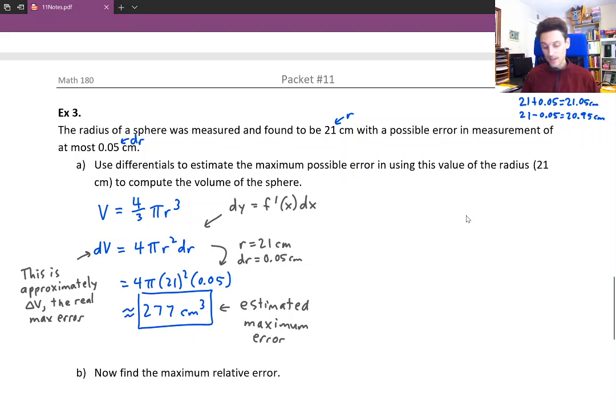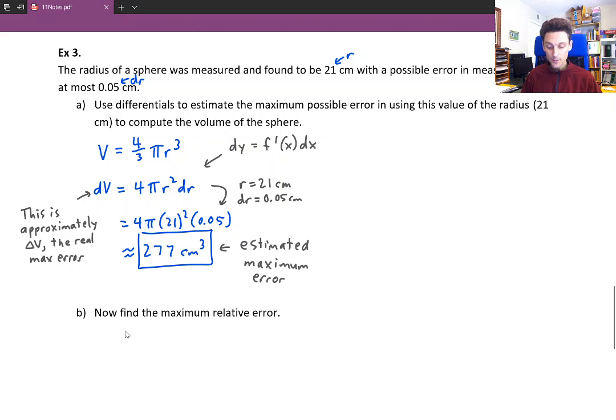That's the estimated maximum error. The true maximum error we would have to find, and we're not going to find that right here, but you would take something like the volume at 21.05 centimeters minus the volume at 21 centimeters. That would be like a real error in volume that could happen. But this is just an estimation for that maximum error.